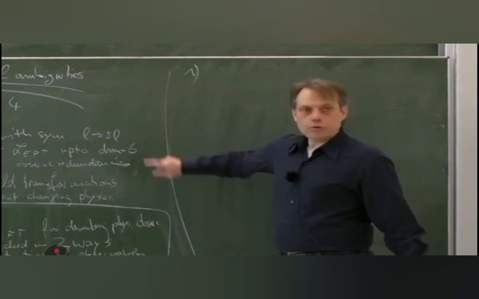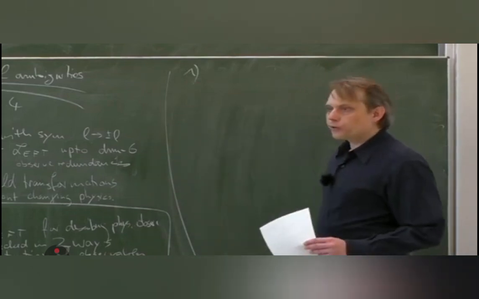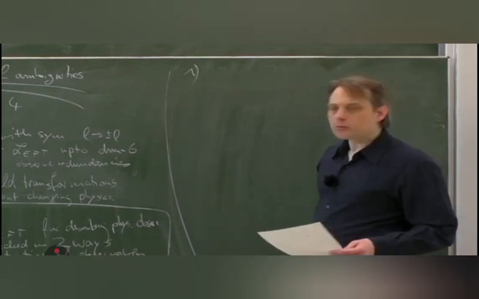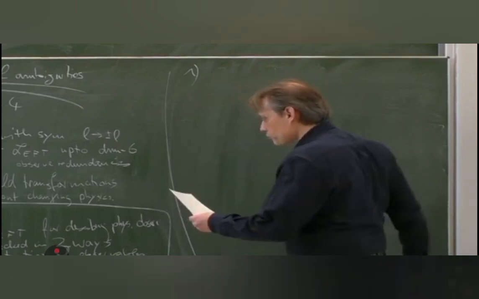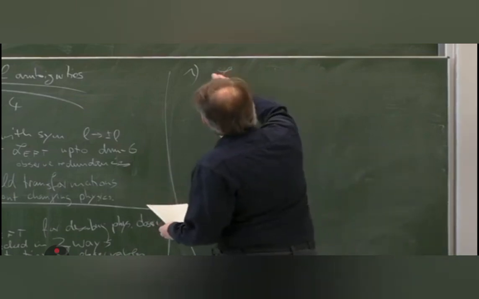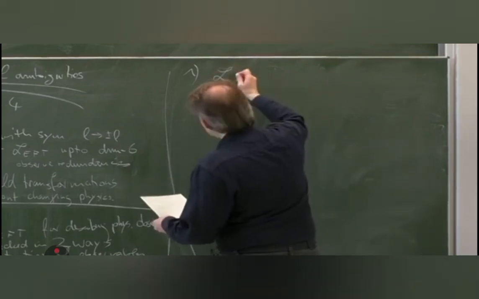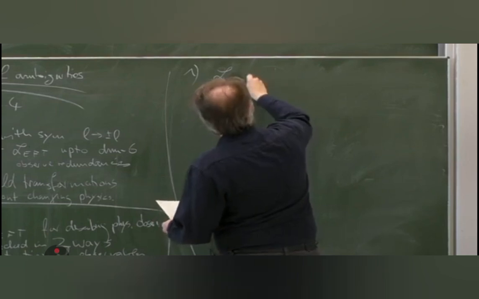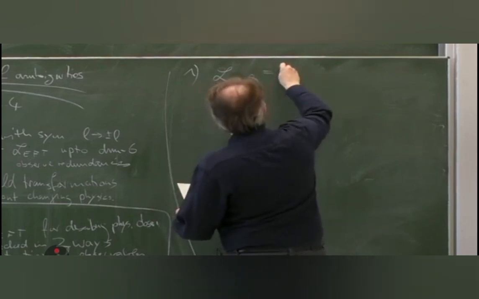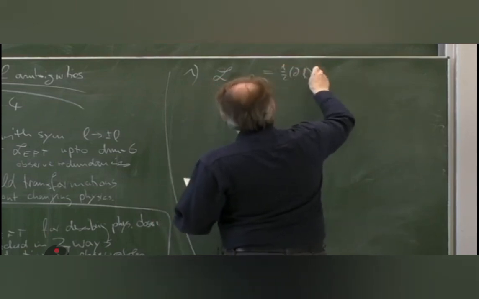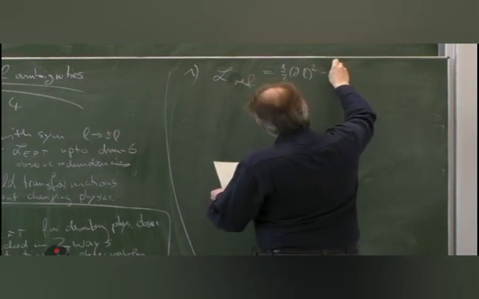The first point, let us discuss a little bit the general operator basis. How do you get the most general Lagrangian? So let me define a reference Lagrangian, which is the simplest Lagrangian for this effective field theory.